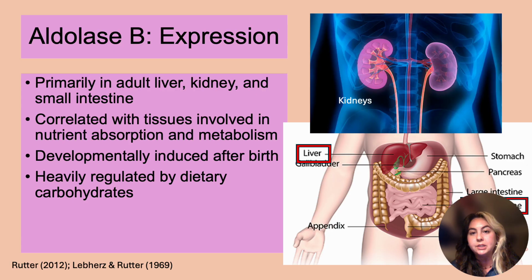And then after birth, the expression of aldolase A is repressed in these organs, the liver, kidney, and intestine, and aldolase B is going to be induced. But there are certain cases in certain pathological states that B can be repressed and A can take over again. And we touched on that isoform A can be overexpressed in cancer cells sometimes. So that's the case in liver cancer cells, where B can be repressed and A can take over again.